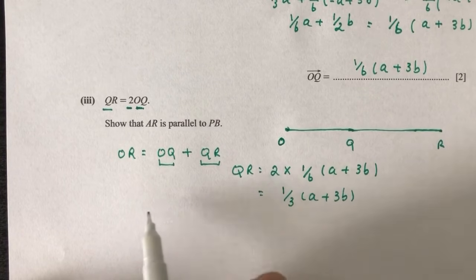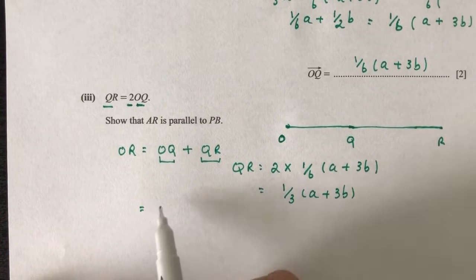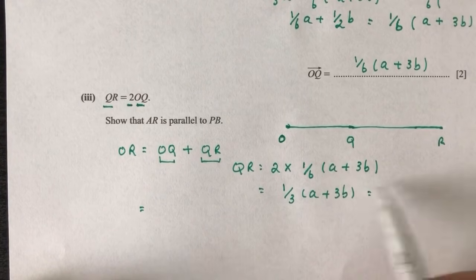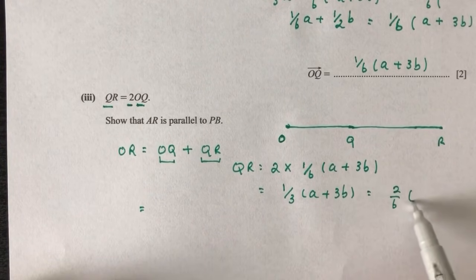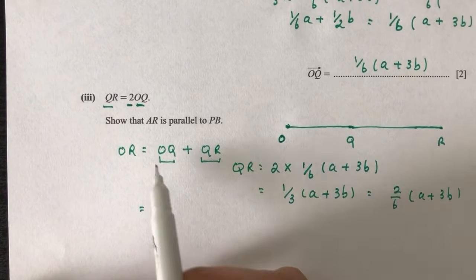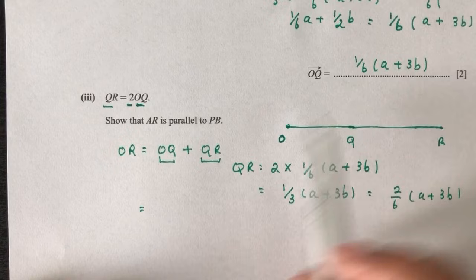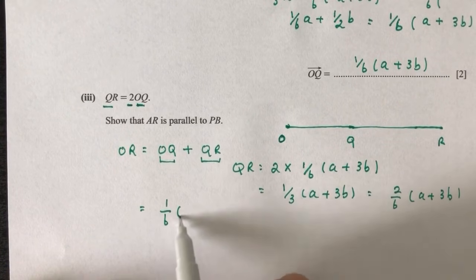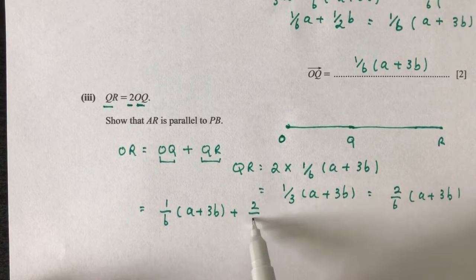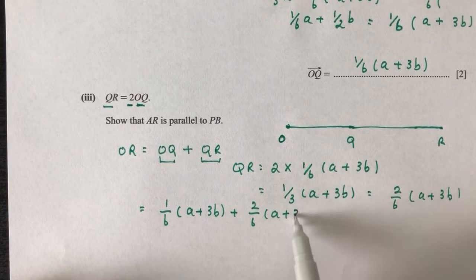Plus OQ. So let's add those two together. This is the same as 2/6 of (a plus 3b). The reason why I put 2 over 6 here is because OQ is still 1 over 6. So 1 over 6 of (a plus 3b) plus 2 over 6 of (a plus 3b).